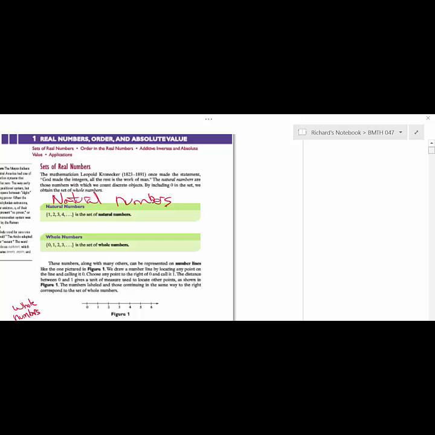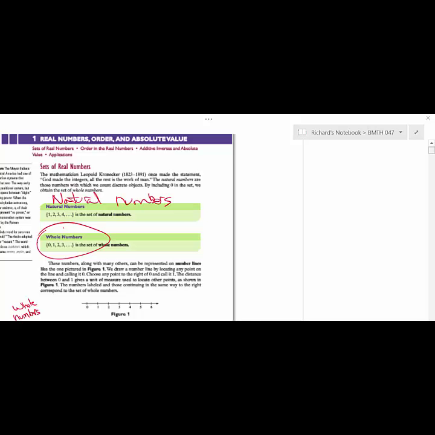Whole numbers include the number 0, as well as the counting numbers 1, 2, 3, 4, 5. No fractions, no decimals, and also no negative numbers.